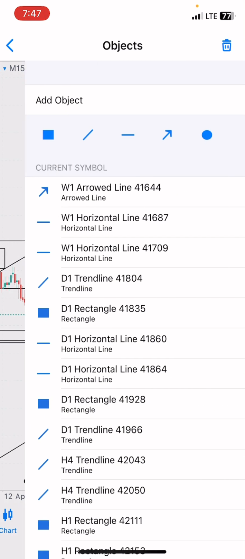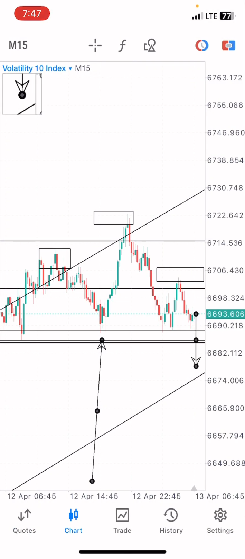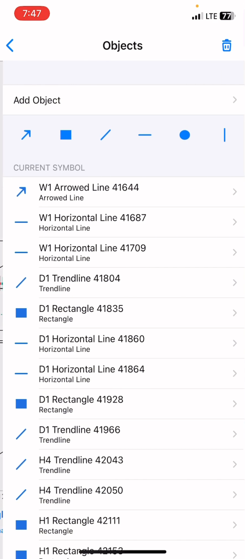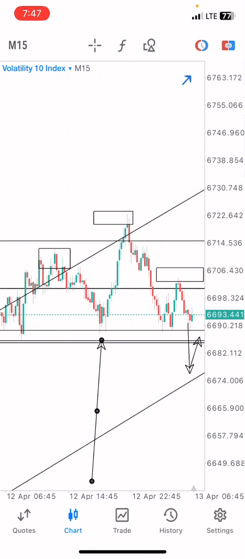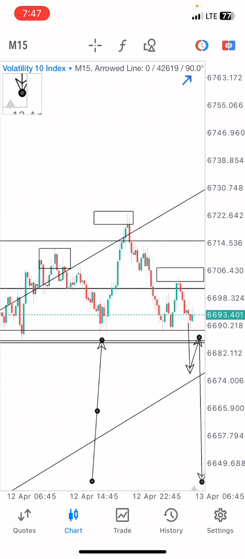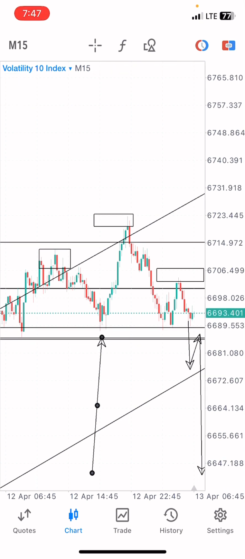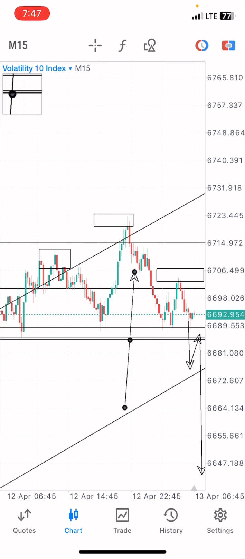So that's my take. We're looking out for a break and retest. If the market can break below this level and give us a retest of it, then you'll have a nice short, a nice sell opportunity, with our stop loss possibly above this structure or above this left shoulder.